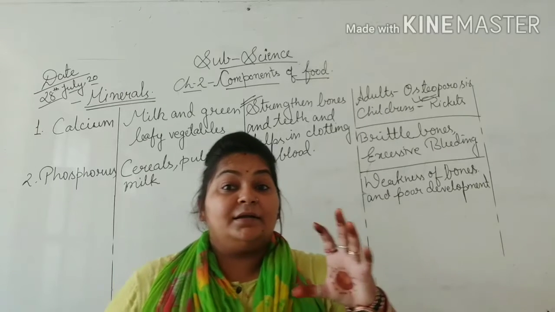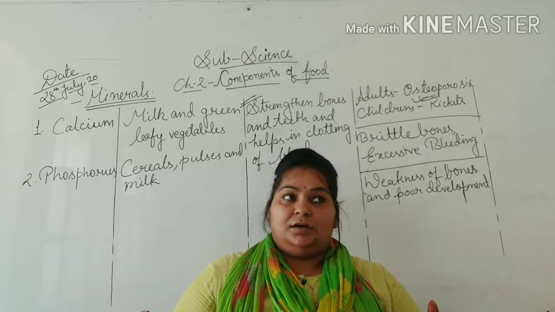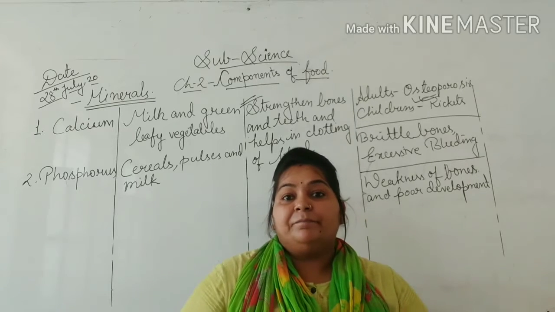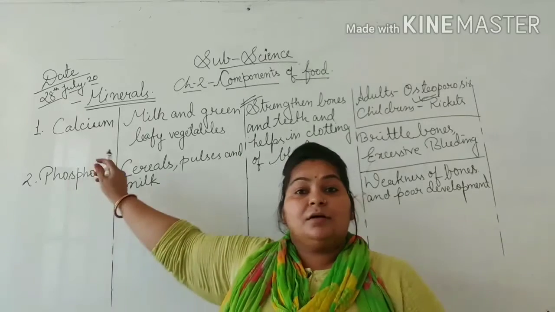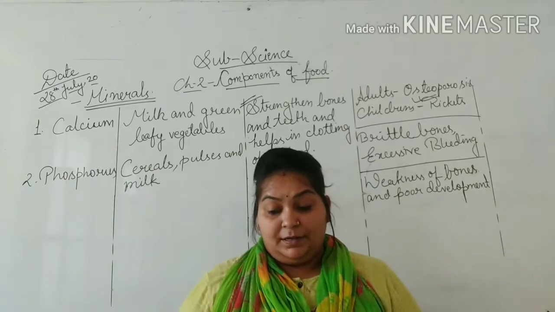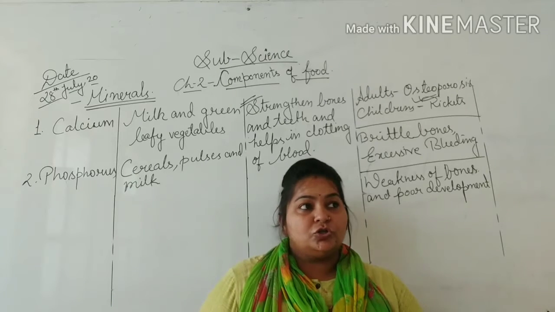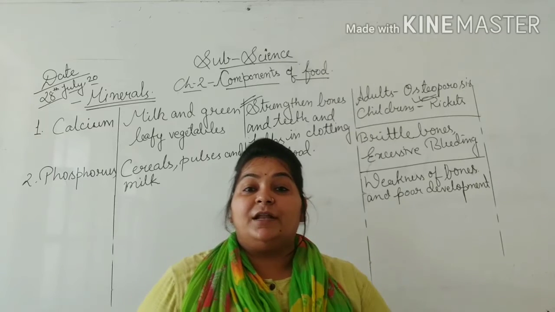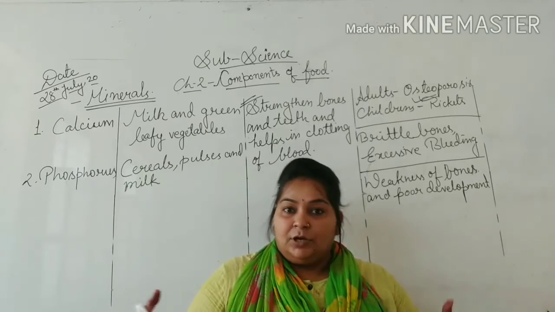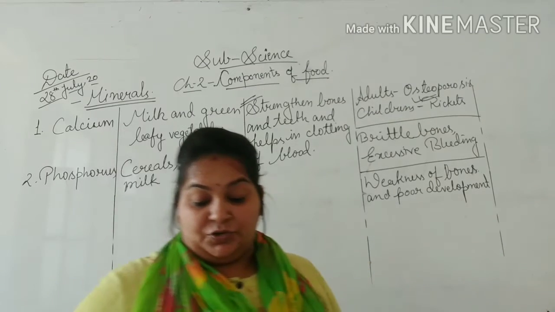Mental retardation doesn't mean you have good quality in your mind, but something is decreasing day by day if you are not taking phosphorus in your diet. Retarded growth is also decreasing, with loss of weight, becoming thin. So these are the effects of phosphorus deficiency.